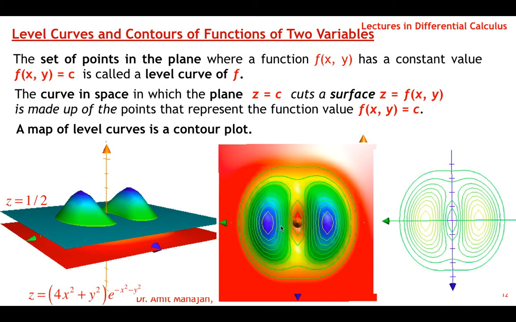If I plot these level curves on the xy plane, on the domain, then these level curves will look like these curves, and this is what we call a contour. So a contour is actually a map of the level curves. If we plot the level curves on the xy plane graph, then this graph is called the contour of the surface.